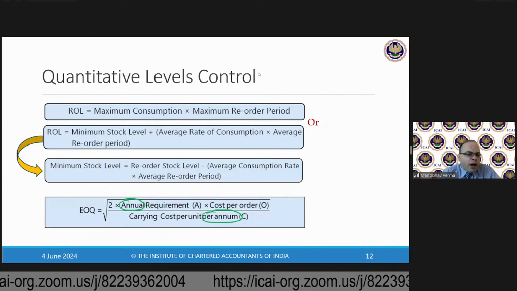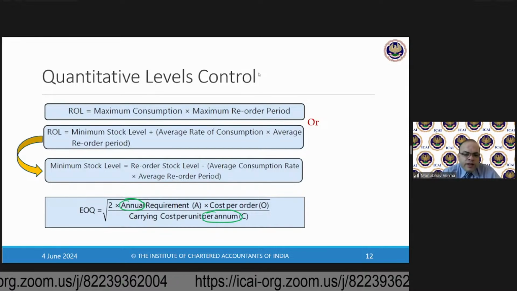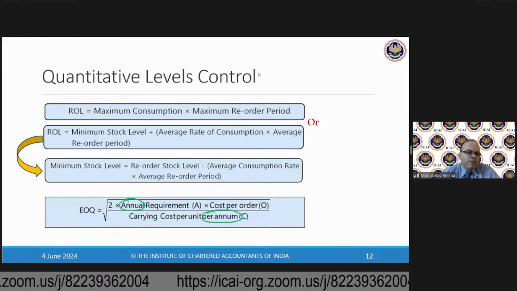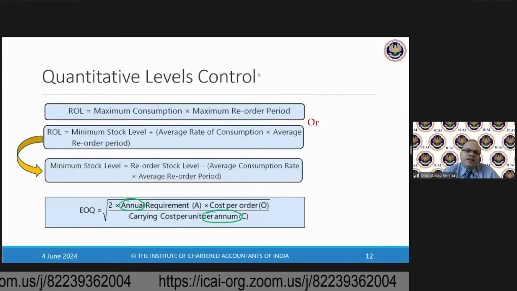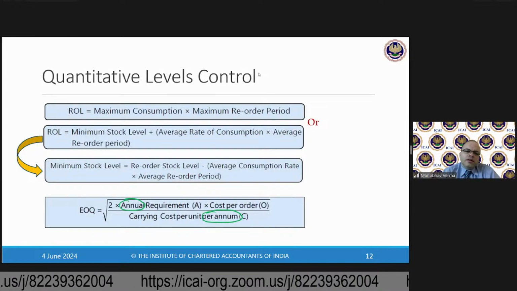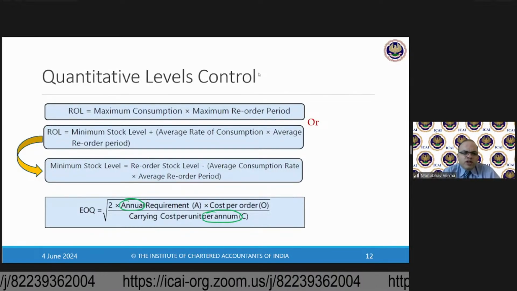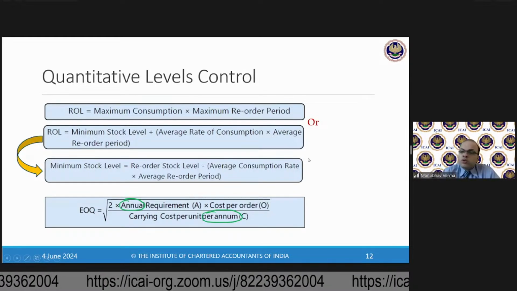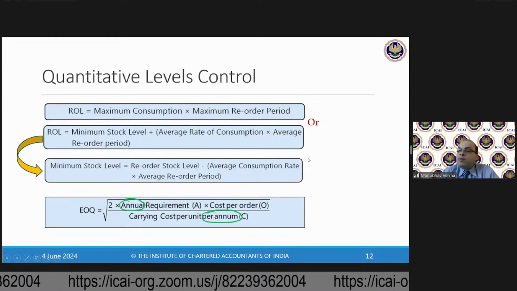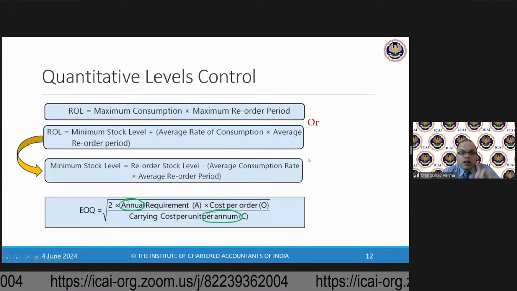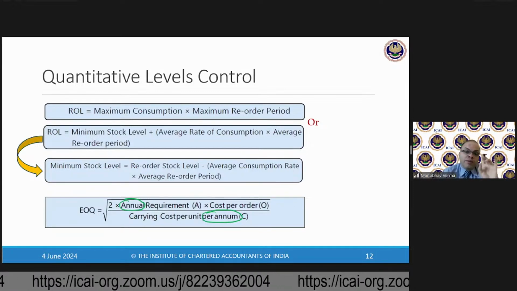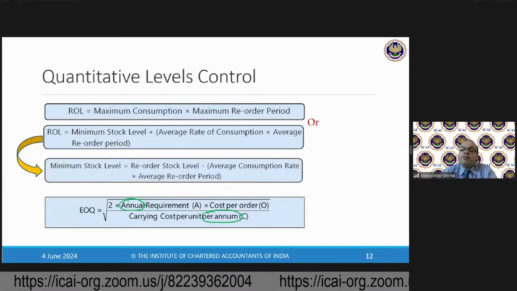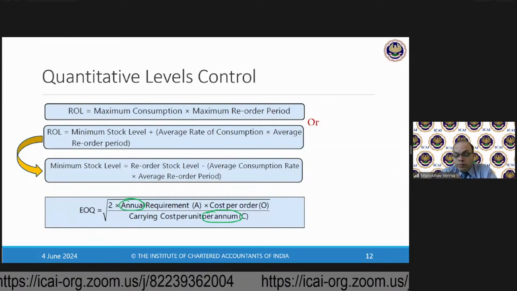Now, apart from this, we saw different other levels also, like minimum level, maximum level, and the average level. So we have already seen the minimum level and the interrelationship with the reorder level, but let's also see the formula for the maximum level here. Mind you, one of the formulas for ROL was maximum consumption into maximum reorder period.